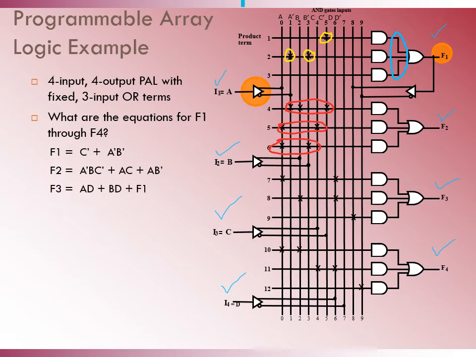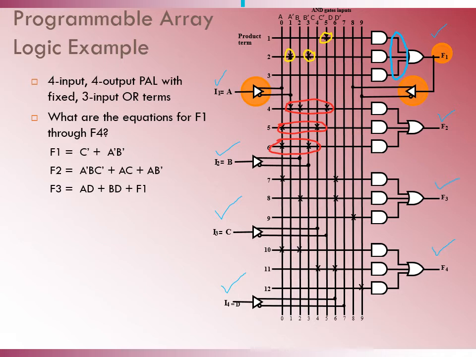Now the equation for F3 is AD plus BD plus F1. Now I had already highlighted the F1. So the F1 goes as one input to the dual inverter. The role of the dual inverter, as mentioned before, is to generate F1, the variable itself, and the complement of the variable, that is F1 bar.